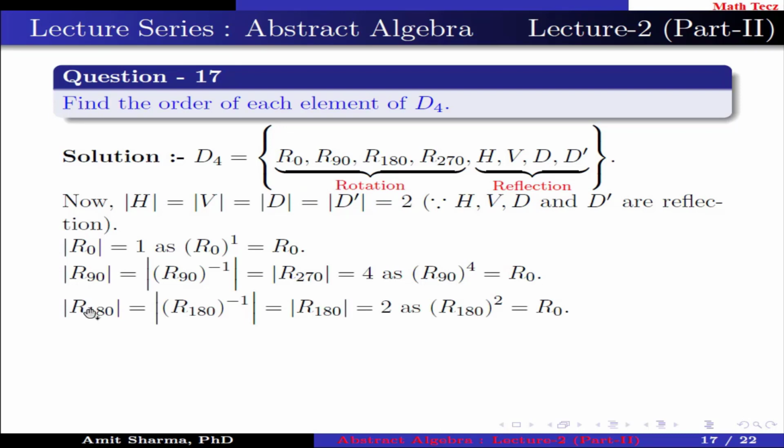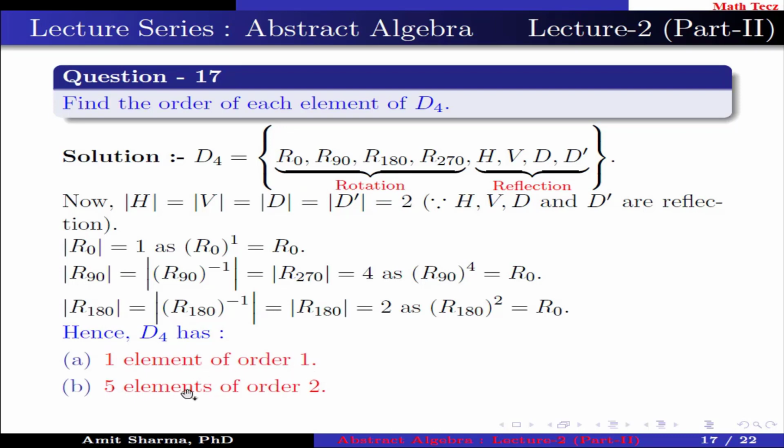Order of R180 equal to order of R180 inverse which is equal to R180, and order of R180 is 2 because R180 square is R0. Hence D4 has one element of order 1, 5 elements of order 2 and 2 elements of order 4.